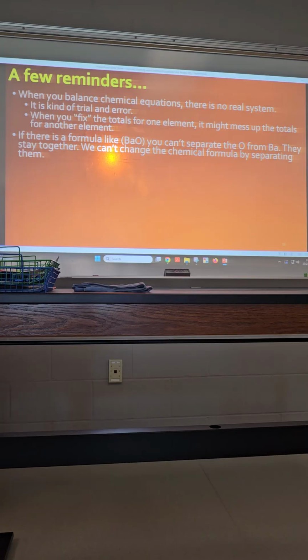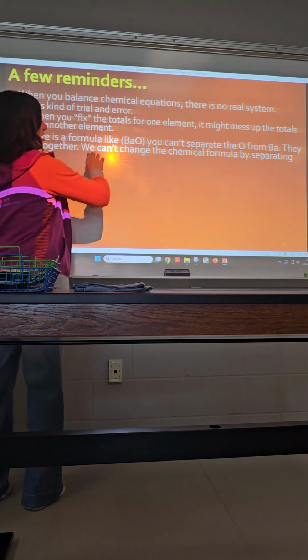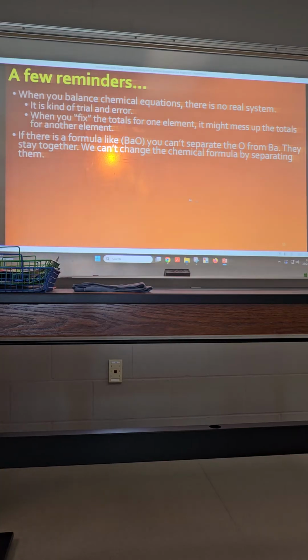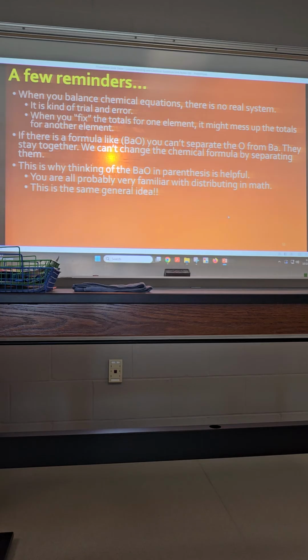Also, you cannot separate the Ba from the O. You can't shove any subscripts, you can't shove any coefficients in between them. Only option is to work out front of that formula. So if you think of the BaO in parentheses, that's really helpful. And you're all familiar with the distributing property in math.